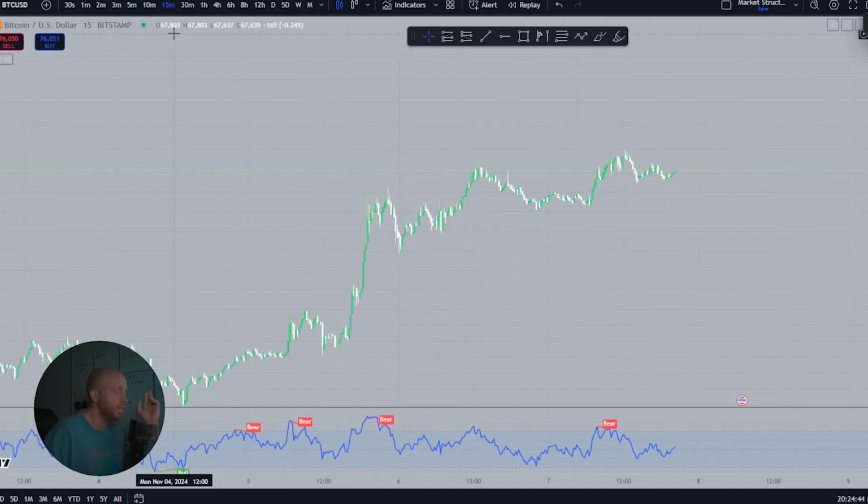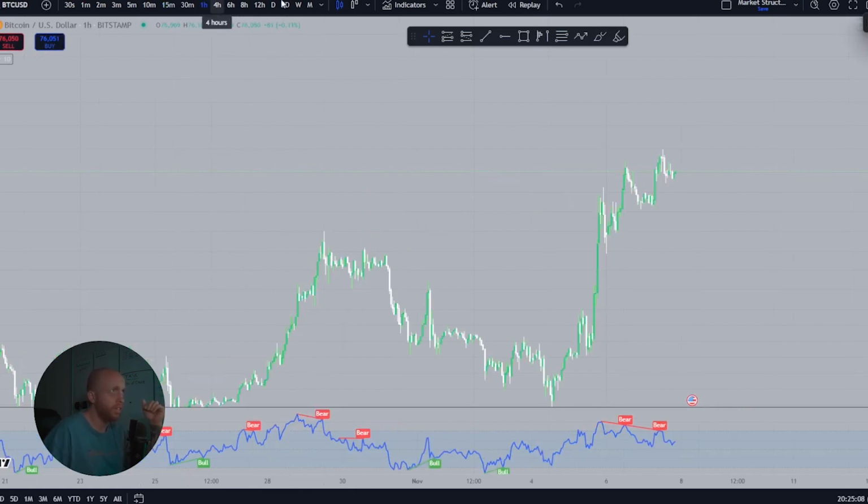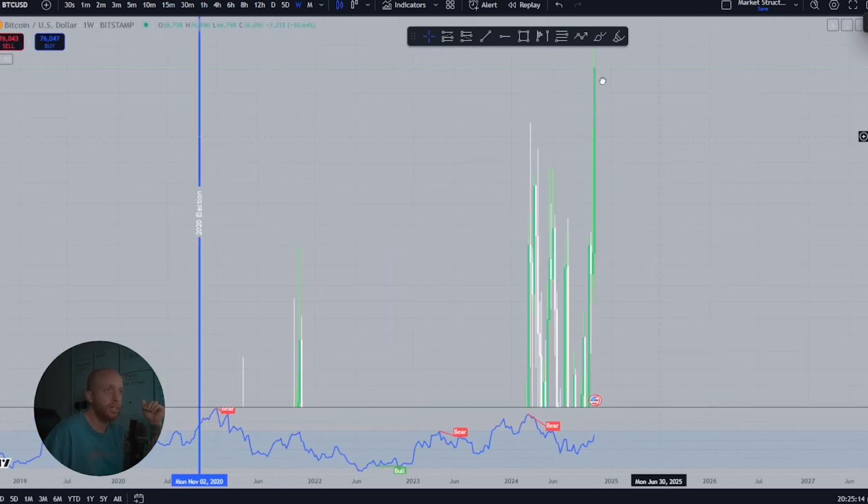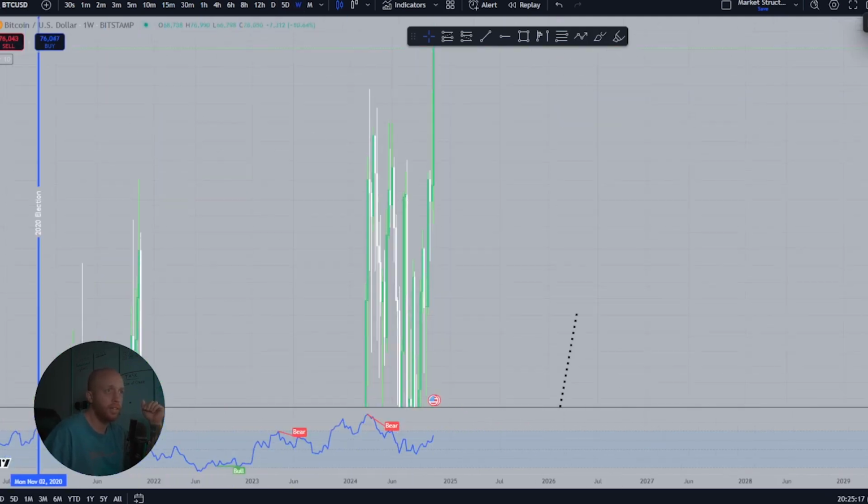The time frames that you want to stick with as a beginner: if you're trading, you're going to need the 3 minute, 5 minute, 15 minute. But if you're just trying to determine if we're on an uptrend or where we're at in the market, you're going to want to look at the higher ones, like the 1 hour, the 4 hour, and the daily. You can even do weekly, and that'll really give you an idea.